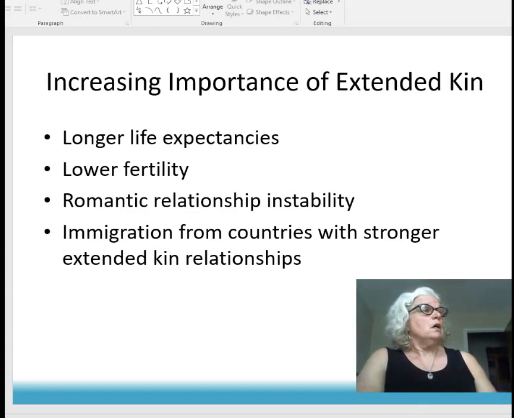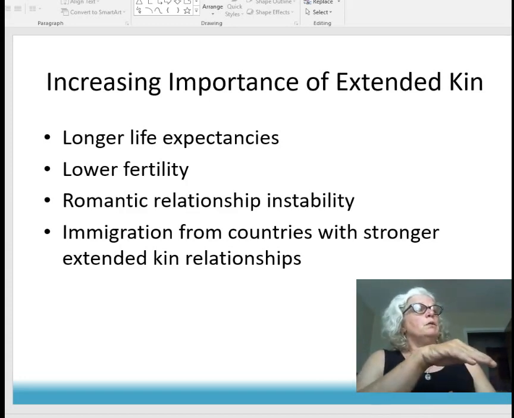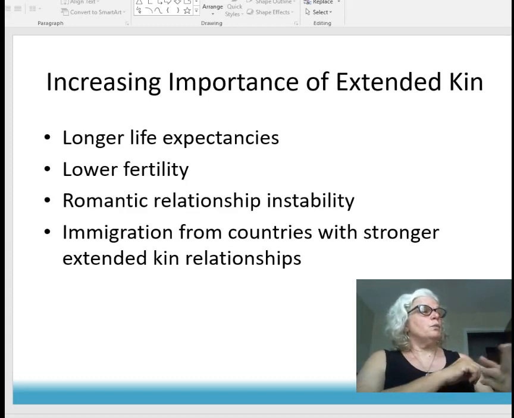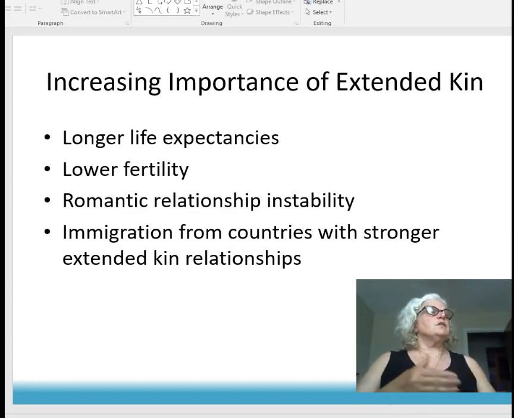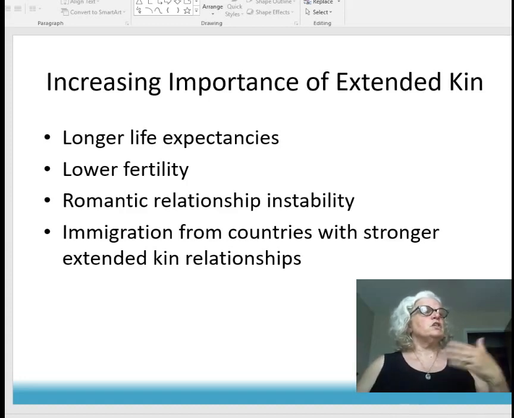The definition of family was mother, father, and children. But we know that the longer people live, the longer life expectancies, the lower fertility, many people are in a two-person relationship. We also notice the difference that comes with romantic relationship instability, which gives us more kin to work with.